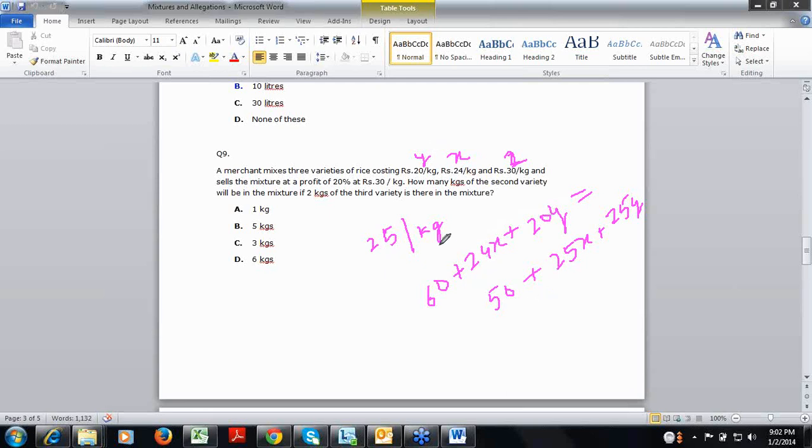Now this should be equal to 25 into x plus y plus 2. So expand this, 25x plus 25y plus 50. So 10 is equal to x plus 5y.